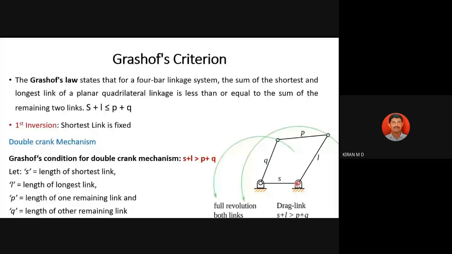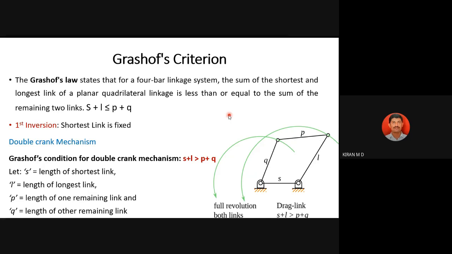Here all are turning pairs. This one and this one, all four are turning pairs. Without changing these turning pairs, instead of fixing the S, by fixing the Q, or the P, or the L, we can achieve different mechanisms. That concept we are going to call the kinematic inversion.